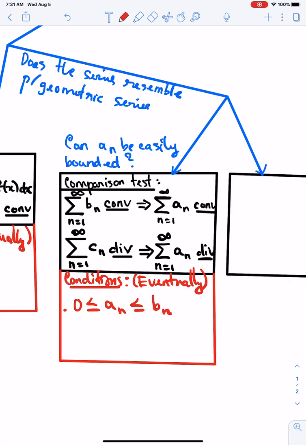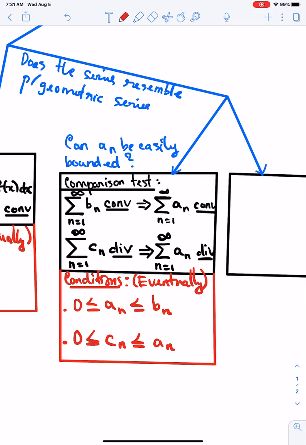If b sub n is convergent, then it forces a sub n to be convergent. For the second case, if I can bound a sub n below by some c sub n, and I know that c sub n is divergent, then if the smaller series is divergent, the bigger one has to be divergent as well. So there we are.